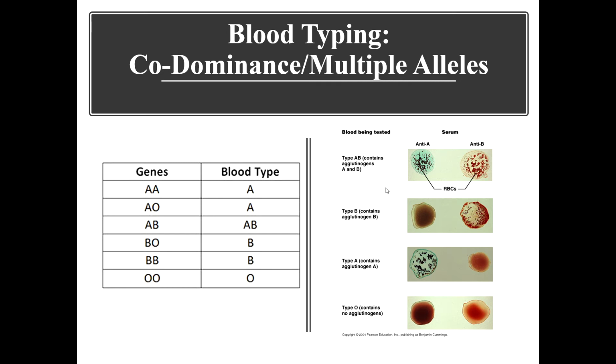Okay, so let's try another one. Let's say one parent is type A and one parent is type B. Sometimes when you do these problems, you just fill in what you know. Type A, I don't know if they're homozygous or heterozygous. And type B, I don't know if they're homozygous or heterozygous.